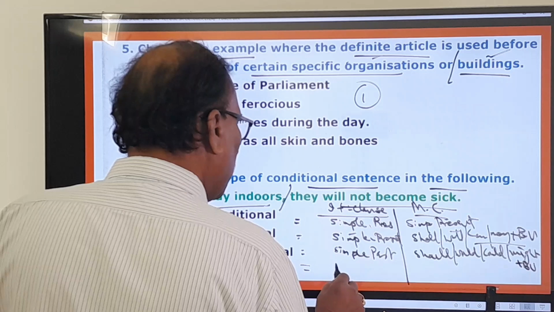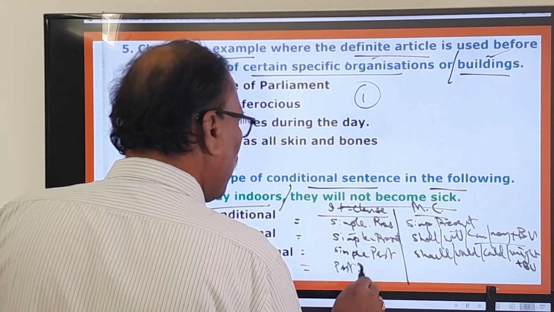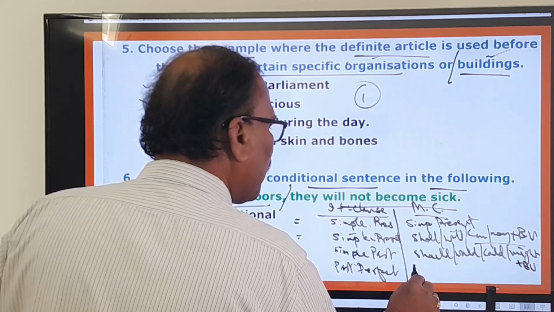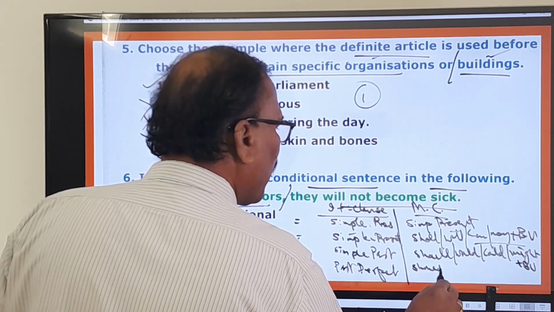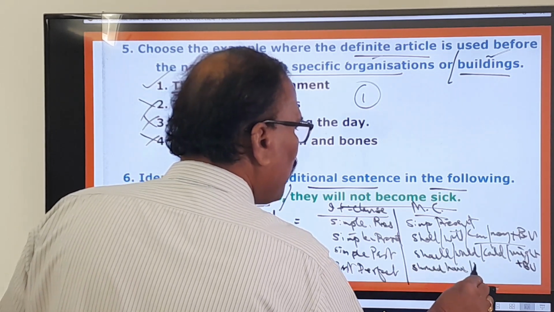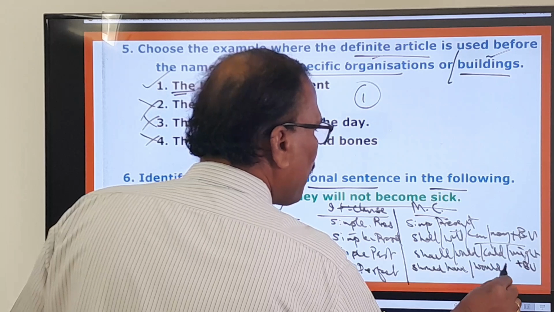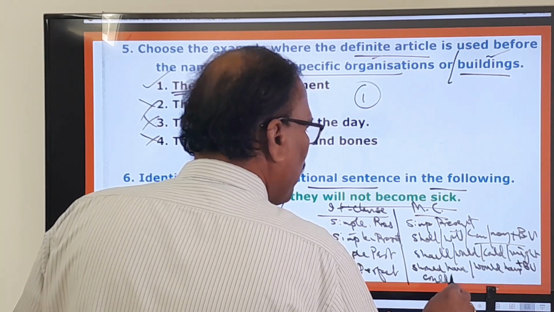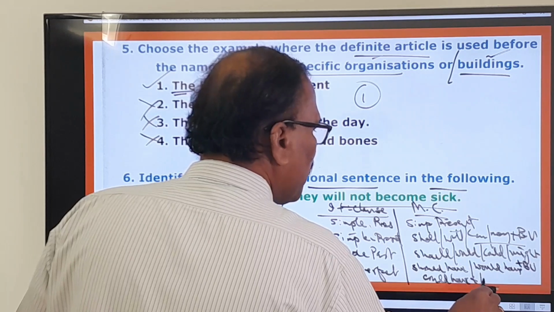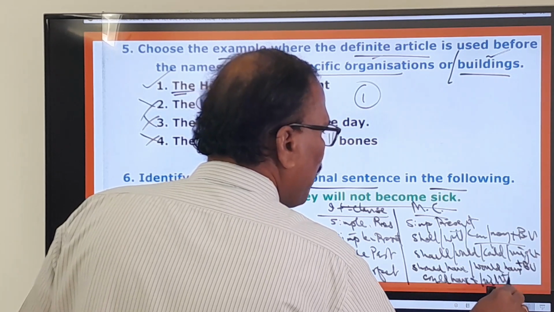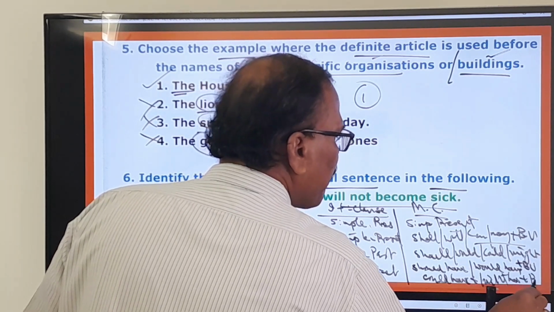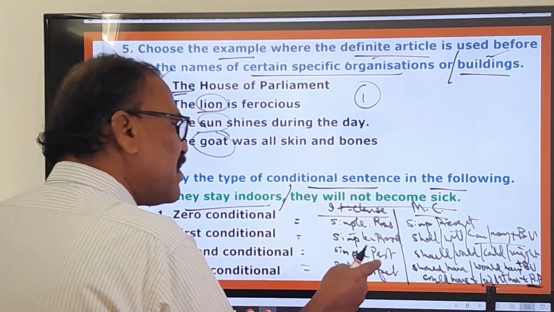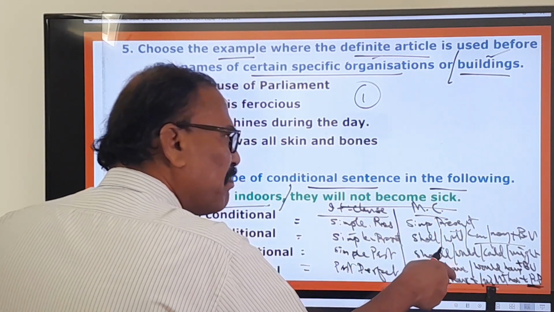Here there is past perfect in the if clause part, and in the main clause part there is should have, would have, could have, might have plus PP, the past participle form of the verb. A sentence with any one of them will be in the main clause part.